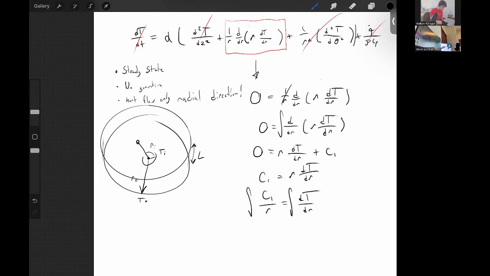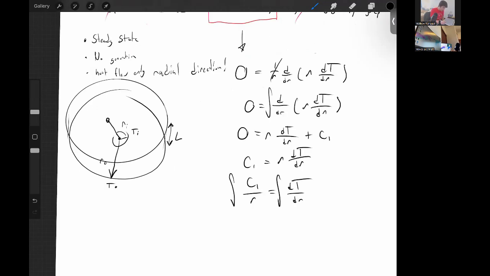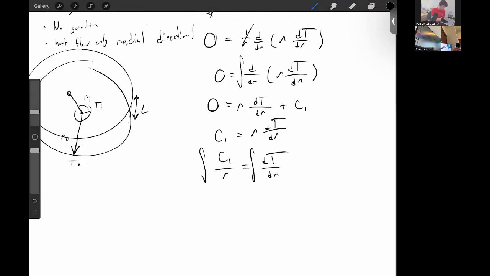With our integrals, with our dT over here, we're going to set this to our temperature inside and temperature outside. And this is a constant, so it's just going to be temperature outside minus temperature inside. And this is set equal to our inner radius and our outer radius, divided by r, which means that we're in terms of natural log.